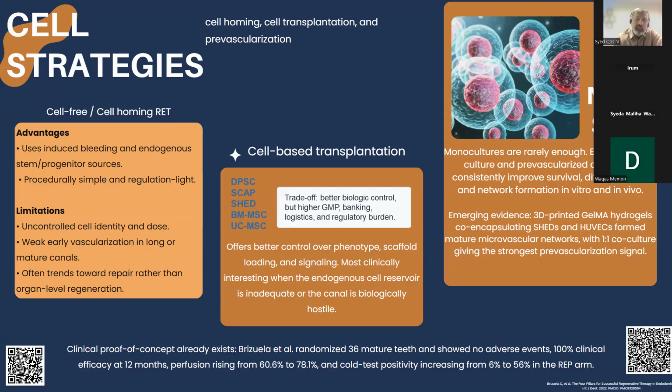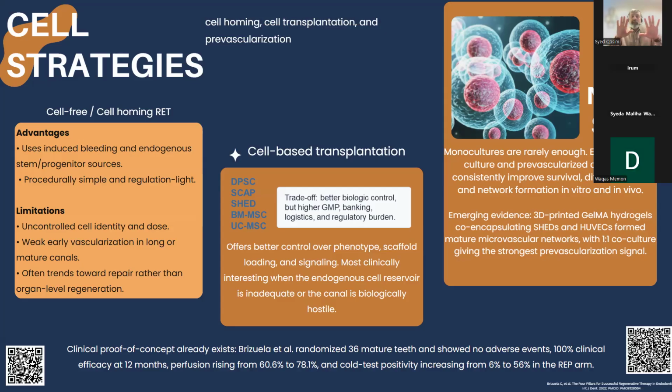Okay. And what is the emerging evidence pointing us to? If you remember, a few weeks ago when we were discussing bone, we talked about GelMA, which is a biomaterial, kind of a hydrogel. There was a study which used GelMA hydrogels with encapsulated SHED and human umbilical cord vascular endothelial cells, and they were able to form mature microvascular networks with 1:1 co-cultures.